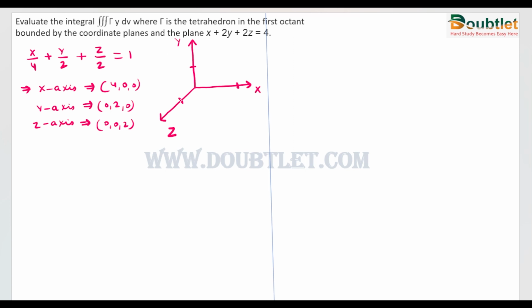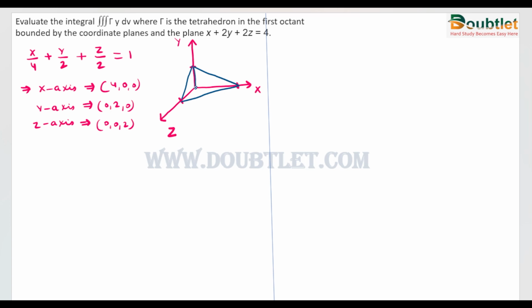So if we combine these points, we will get the plane in the first octant, basically the tetrahedron. If we draw a straight line from here to here, this is the tetrahedron that is drawn in blue, and this is the origin.